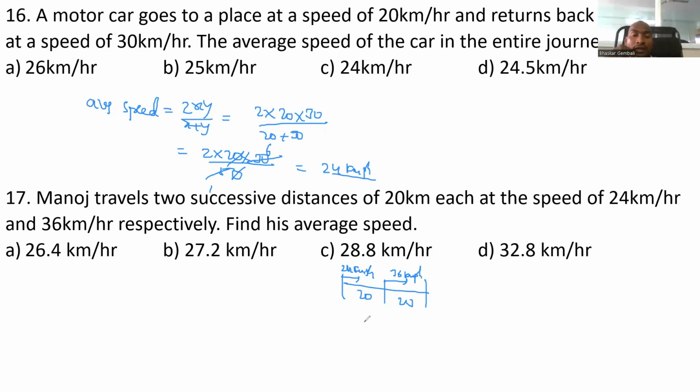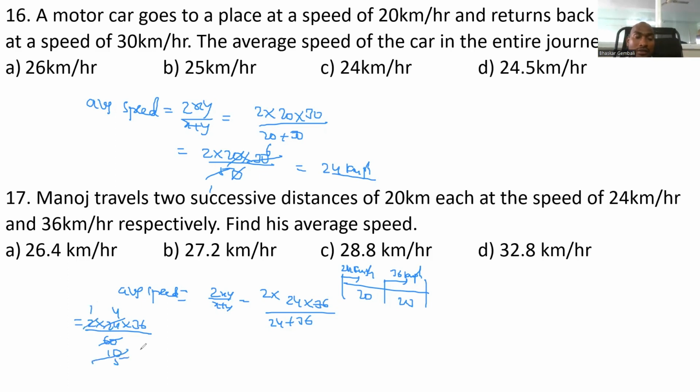So what do we know when we are talking about like this? The average speed will always be 2xy by x plus y. 2 into x 24, y 36, by 24 plus 36. 2 into 24 into 36 by 60.